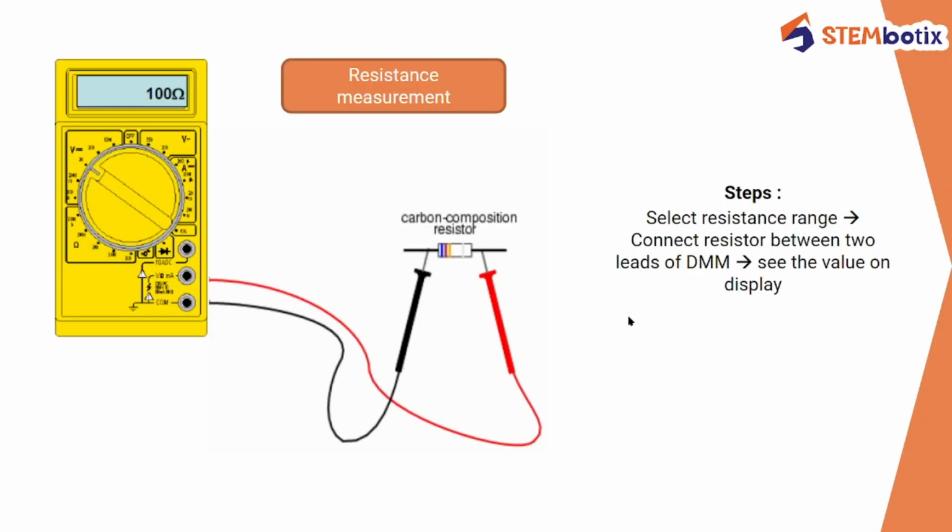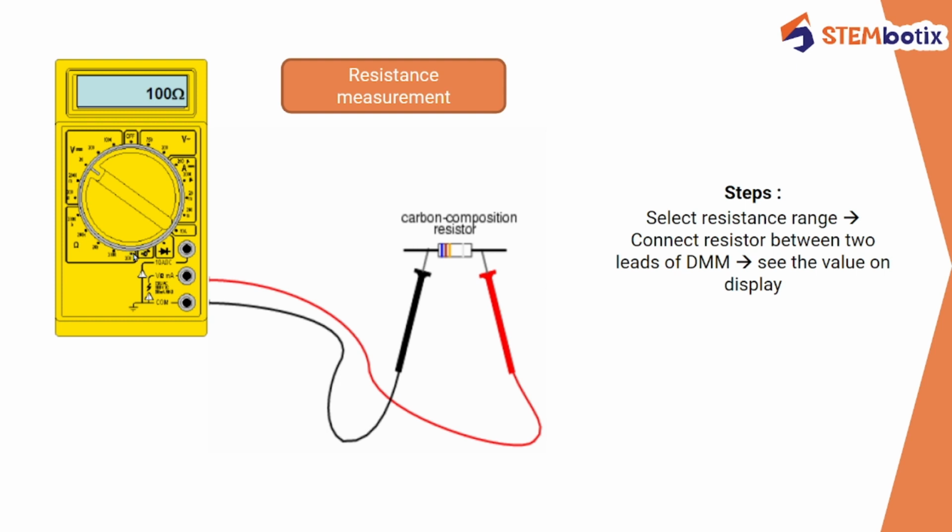I already said that this is a trial and error method. If you don't know the resistance of this resistor, then start from the minimum and gradually increase the resistance range using the selection probe.